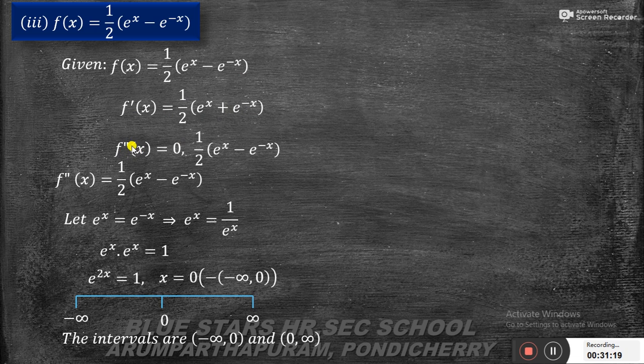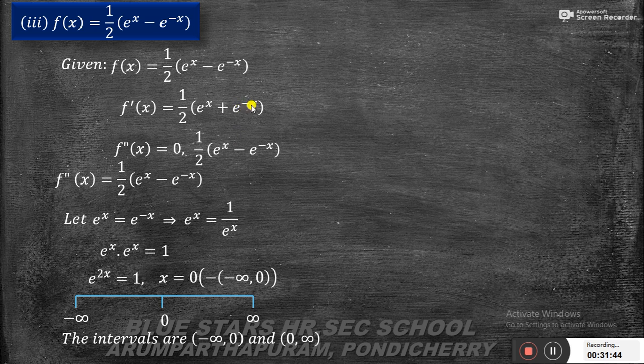Next, again I take the differentiation, the second derivative. So f double dash of x: the second derivative means I differentiate the first derivative. So f double dash of x equals 1 by 2 times, I differentiate e power x, so e power x. Next there is a plus symbol, I write it in the middle.